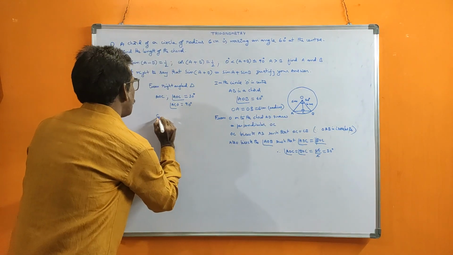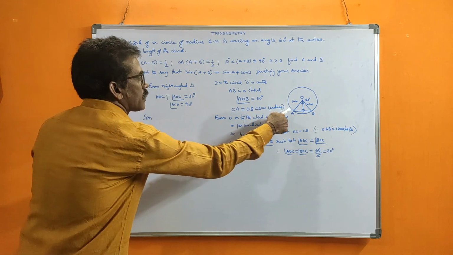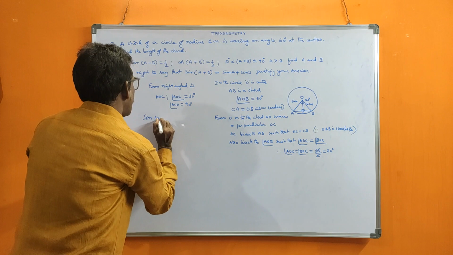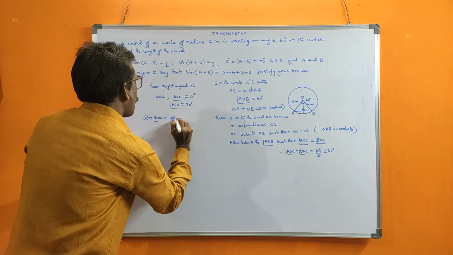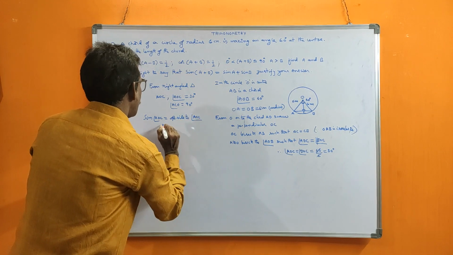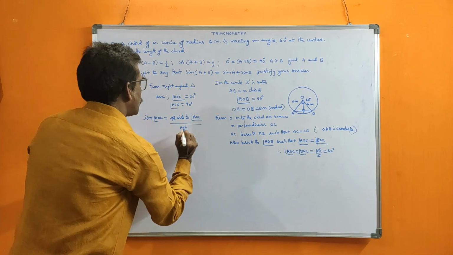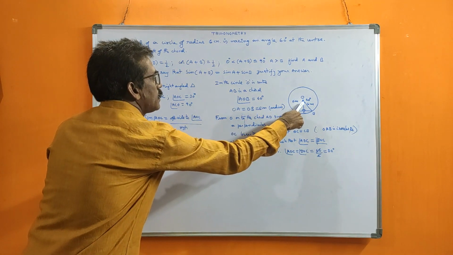I am taking sin. So from this triangle, sin AOC. The sin formula is the opposite side to angle AOC by the hypotenuse. What is the opposite side to this angle?